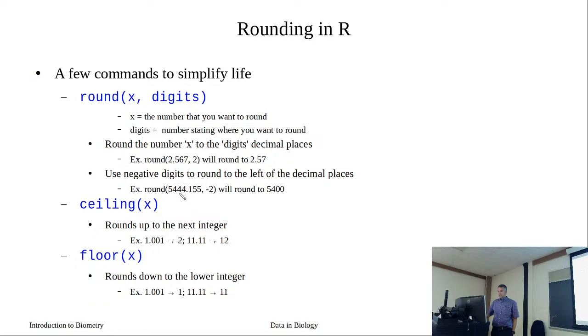Digits equals -1 rounds to the tens place. -2 rounds to the hundreds place. So go ahead and do that example. Just make sure we get the same answers. Get it? Good work.